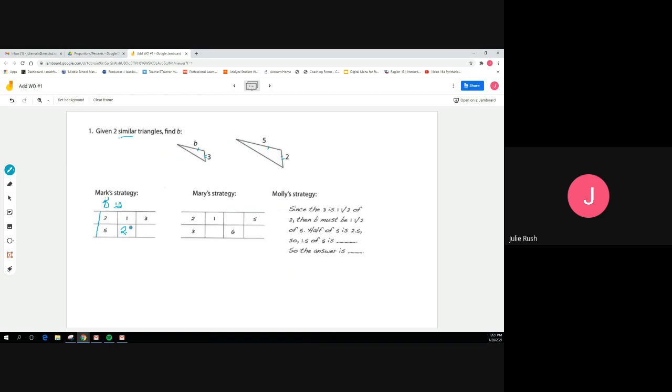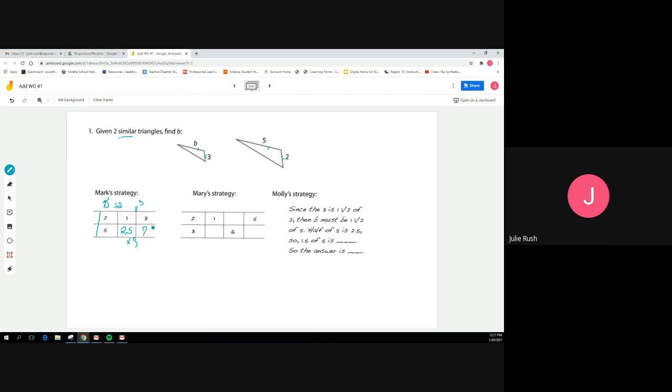Half of 5 is 2.5. Then to get to 3, we're going to multiply by 3. So let's multiply 2.5 times 3. Here's 2.5 and 2.5, 2.5. We could add them up actually because 2 plus 1 gives us 3, and 5 plus 2.5 gives us 7.5.